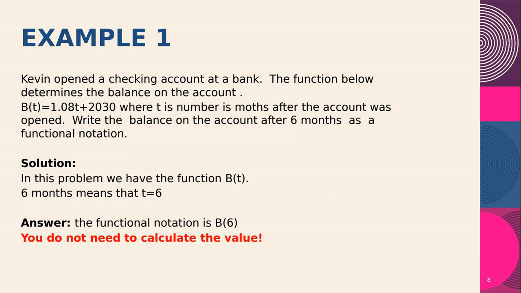The solution is, we have a function b of t, and we know that t is equal to 6 because we need to know the balance on the account after 6 months. So the functional notation will be b of 6. Please do not calculate the value because they ask you to write just the functional notation. They did not ask you to calculate.